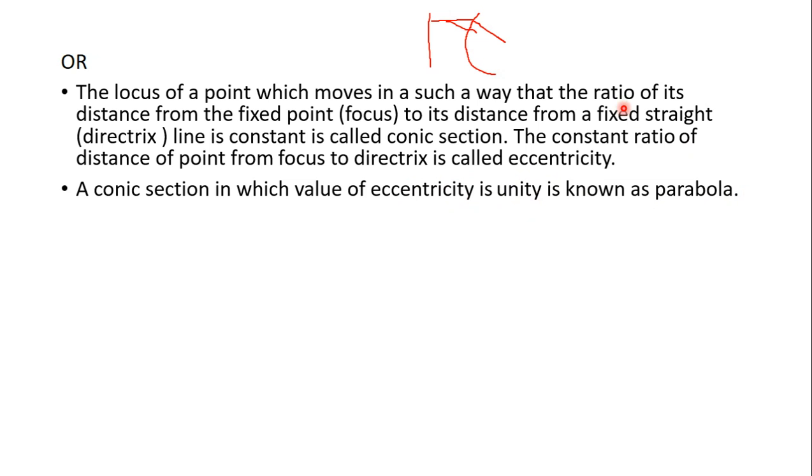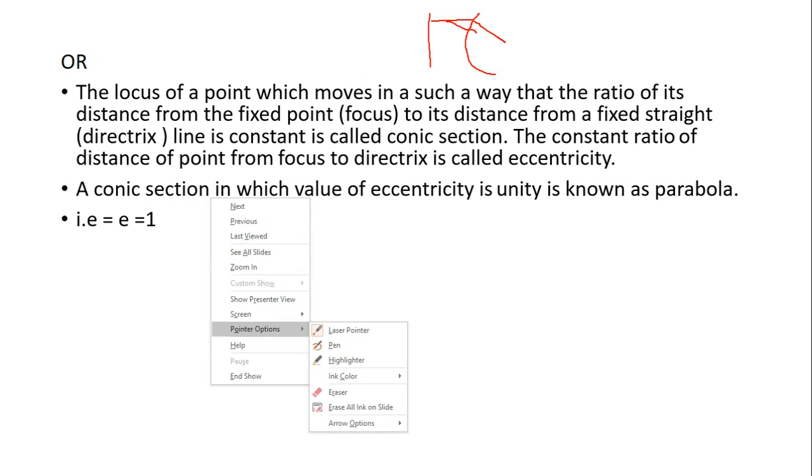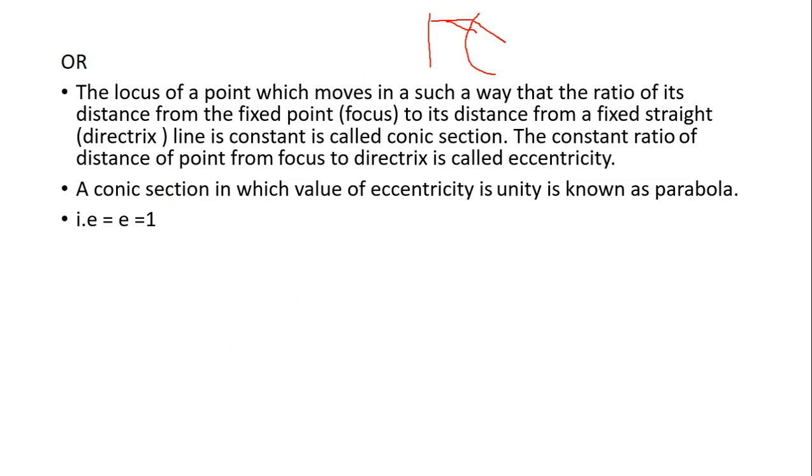In the case of parabola, that ratio will be 1. That ratio equal to 1 means it is equidistant from fixed point and fixed straight line. No equal to, I have cancelled this, it is a misprint.